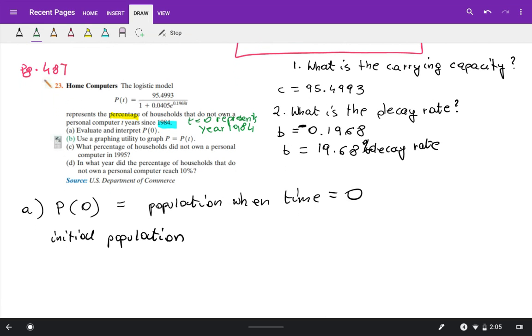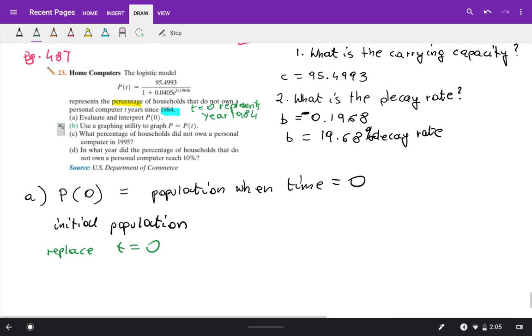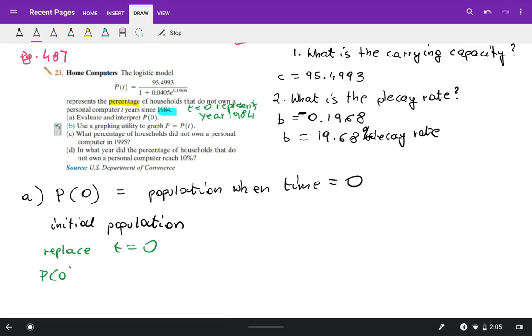So how are we going to do it? Just replace t with 0. So we have P of 0 equals 95.4993 over 1 plus 0.0405 e to the power of 0.1968 times 0.